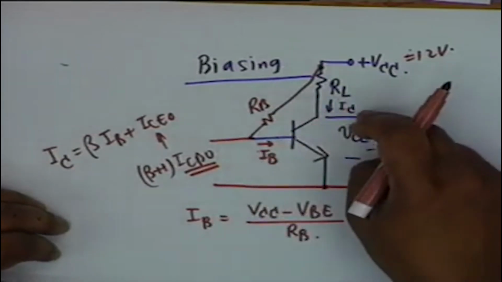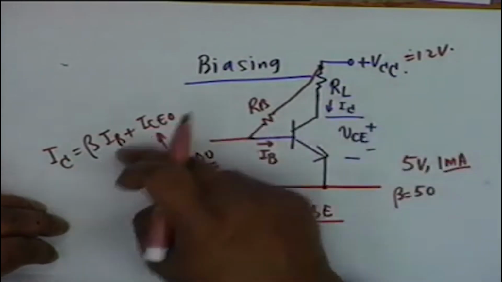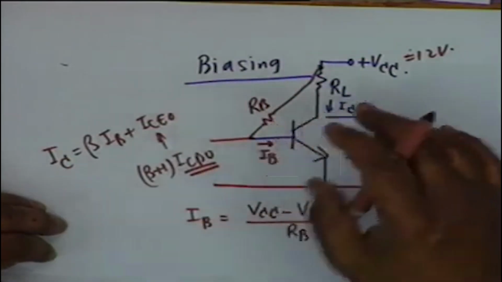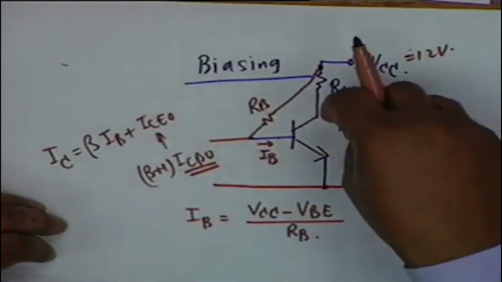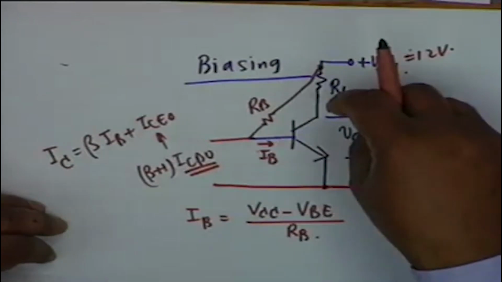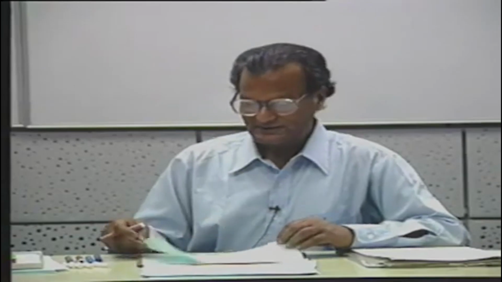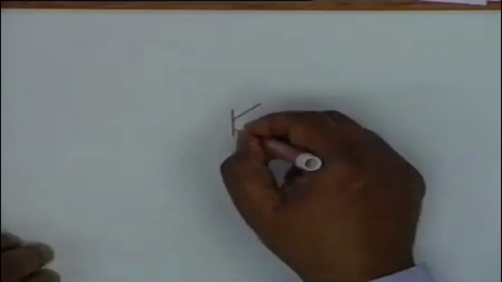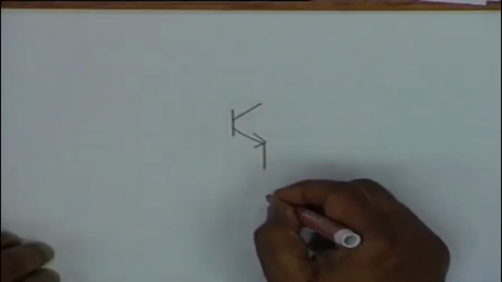The collector current is not a constant, because it varies with beta, it varies with ICEO. If I change the philosophy of maintaining a constant base current, and instead let it adjust to get a particular value of I sub C, then this process of thermal runaway shall be arrested. And this is done by a circuit which is known as a self-bias circuit.